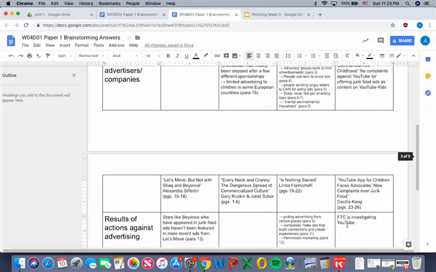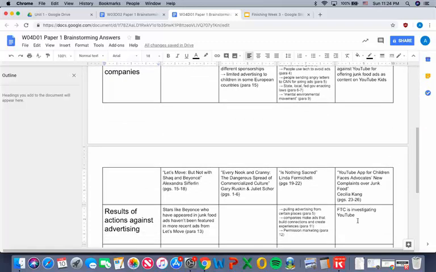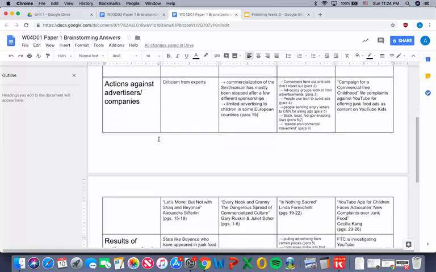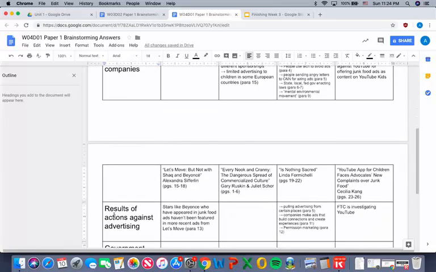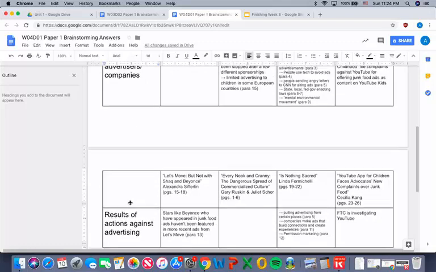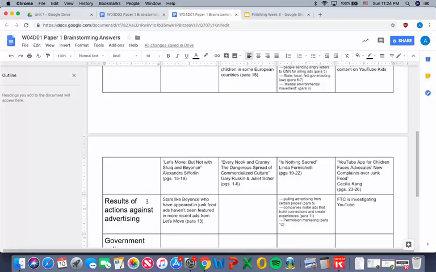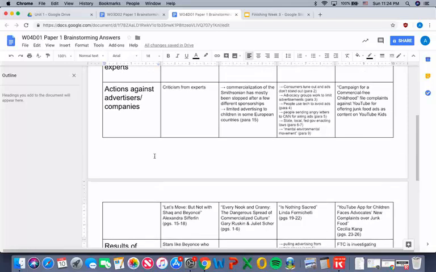And then the FTC is investigating YouTube and looking into what the problem is. So you can see that maybe these two rows, the actions against advertisers and companies and the results of actions against advertisers, you could separate or combine them depending on how you would like to structure your paper.